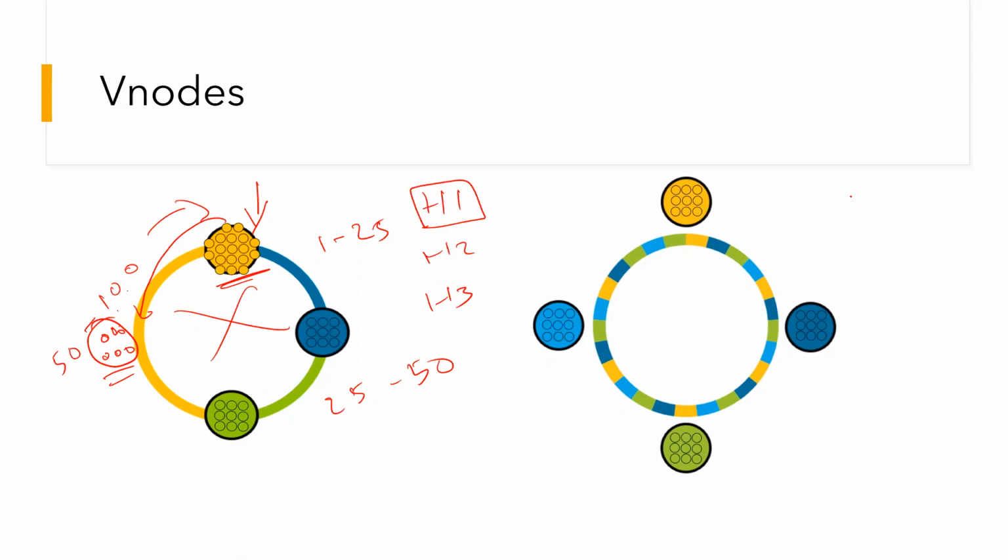Whenever you are talking about hashing and load balancing as a combination, you're talking about request ID and server ID. I'm talking in general terms, not in terms of how Cassandra works, but in general terms how consistent hashing works. So you have something called request ID and server ID.